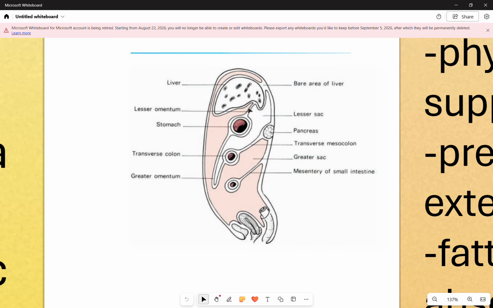The space behind the stomach and behind the lesser omentum is known as lesser sac. And the space, general space in the abdominal cavity is known as greater sac. This is greater sac. The two has got a communication by way of a foramen over here, which is known as foramen of Winslow, epiploic foramina.